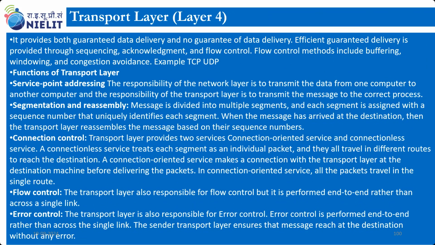Similarly, when we are communicating with a remote computer, as a user we identify the remote computer with the help of a domain name. हमारे पास domain name होता है, but our software like web browser or Skype or WhatsApp will require an IP address in the background.